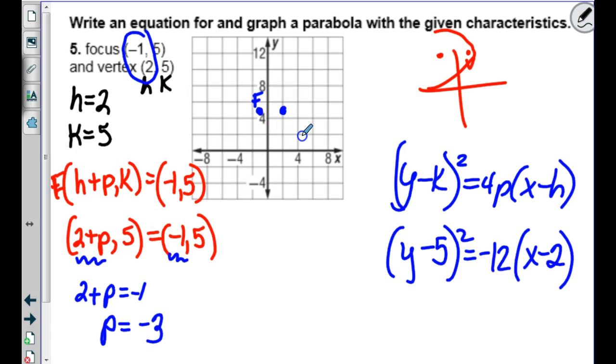Just to practice it, what's the number I could put in here? I'm going to go kind of big because this is big. It goes towards the focus, yes. So it should be opening to the left.